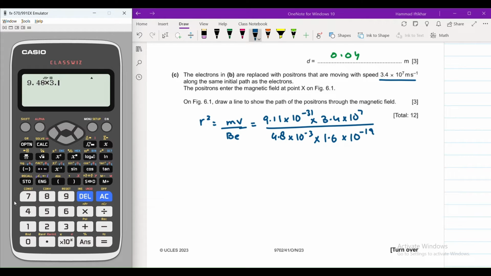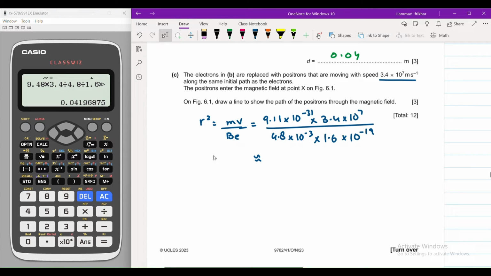So 9.48 times 3.4 divided by 4.8 divided by 1.6 times 10 raised to the power minus 31 plus 7 plus 3 plus 19. That is equal to 0.04.